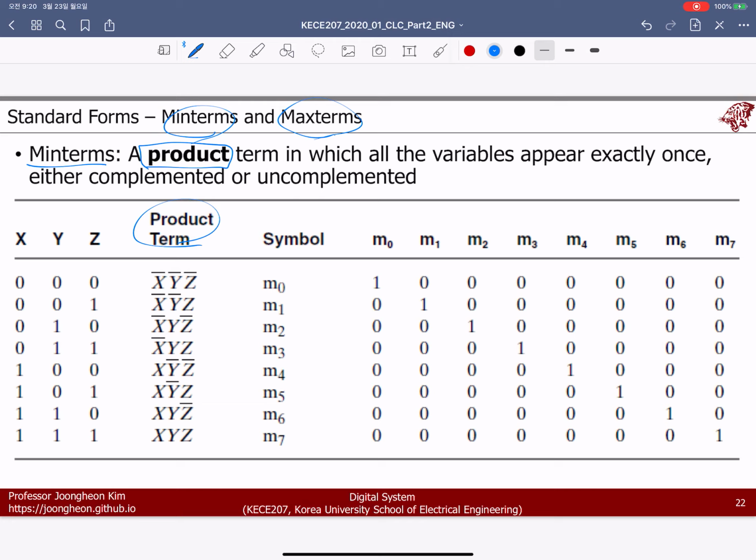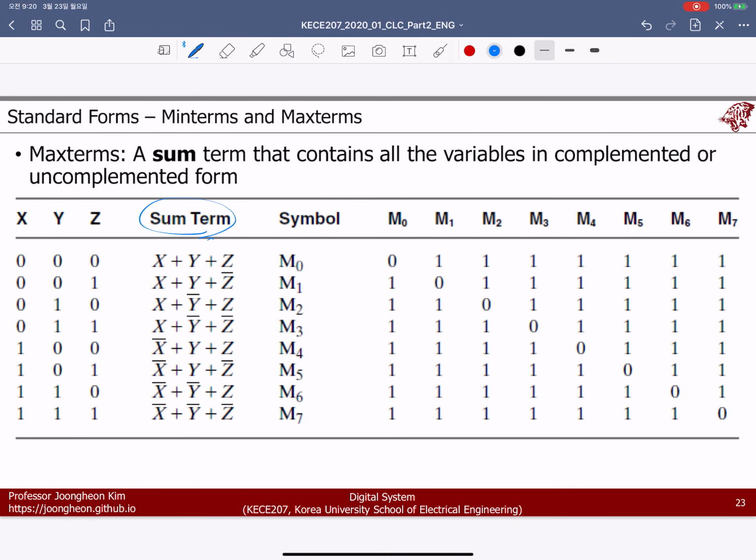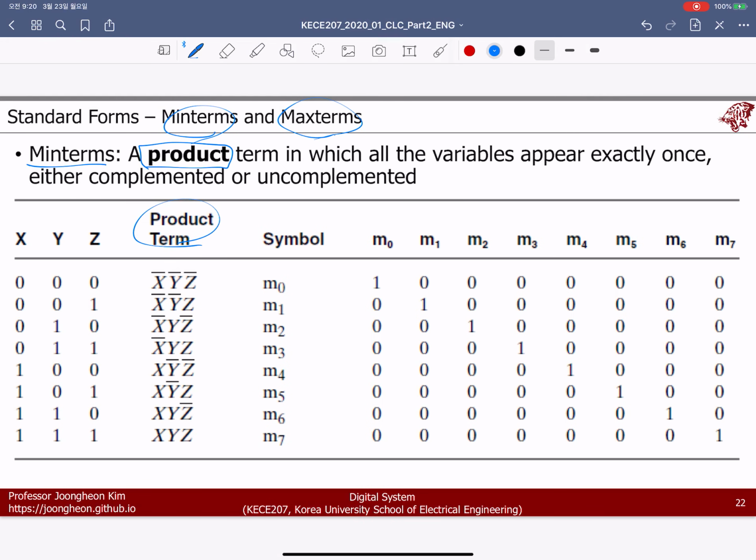Max term has the opposite meaning. That's why you can easily imagine that max term is related to sum term, right? Because you have multiplication for the AND gate, summation operation for the OR gate. That's why in max term, you have definitions about sum term, okay? It has OR operation, as you can see, and then you have dot operation, as you can see.